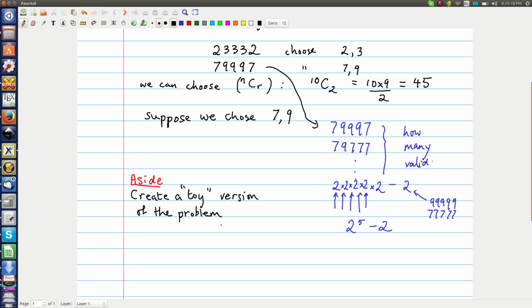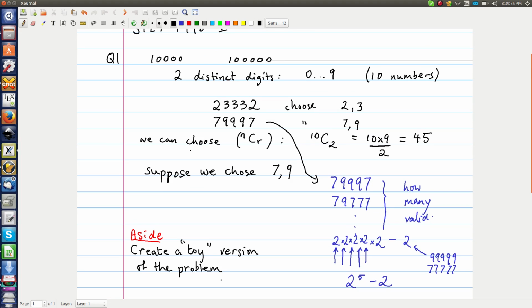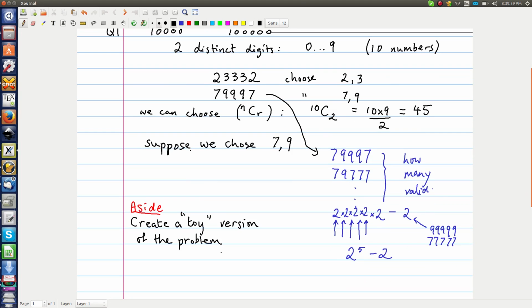In most cases, reduce the dimensionality of the problem by reducing the number of variables somehow, or by reducing the size of a particular counting variable. So in this problem, we were dealing with the numbers from 10,000 to 100,000, which is basically all 5-digit numbers plus the final number 100,000. Which means that we can't count one by one.